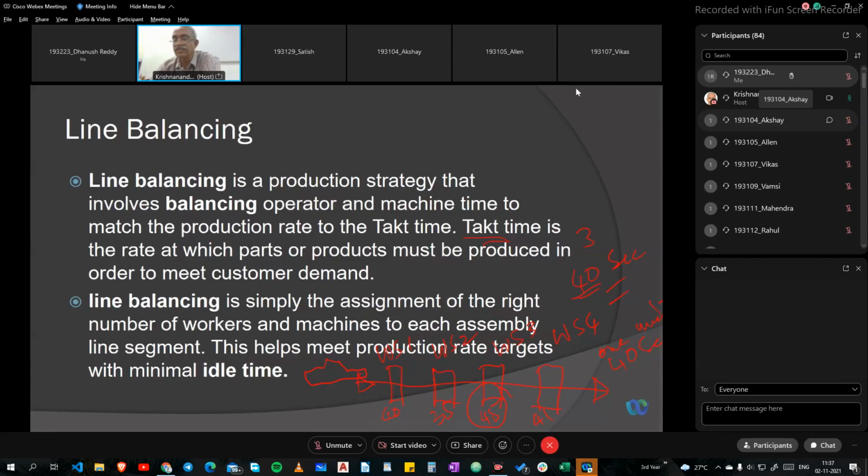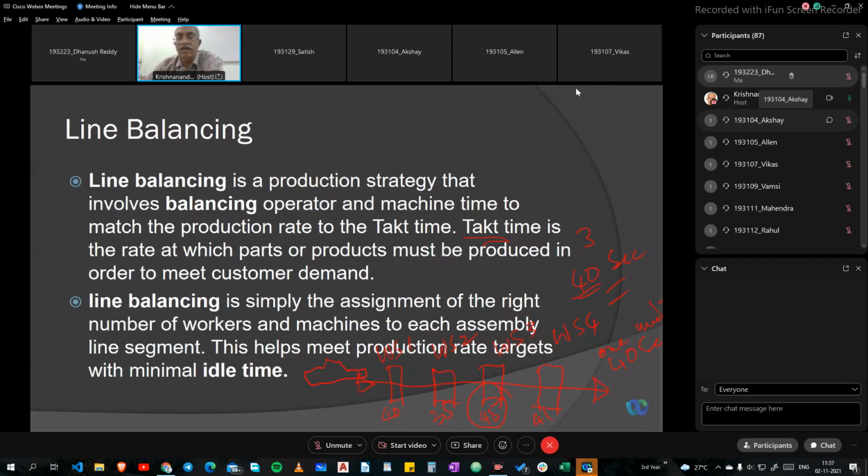So here you can see this production line, where you have workstation 1 here, 2 here, 3 here, 4 here, right?